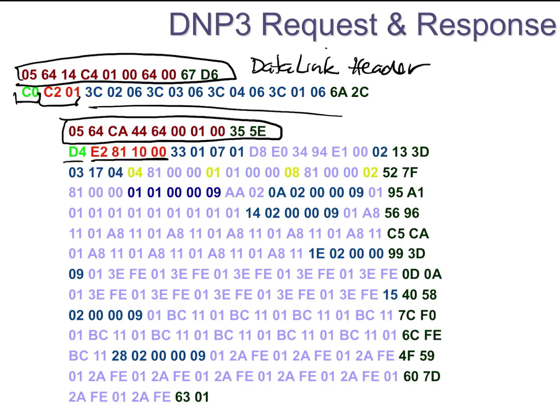But further to that, notice how it's broken down into multiple lines for a large message. The reason it's broken down like this is because these are all 16-byte data blocks.